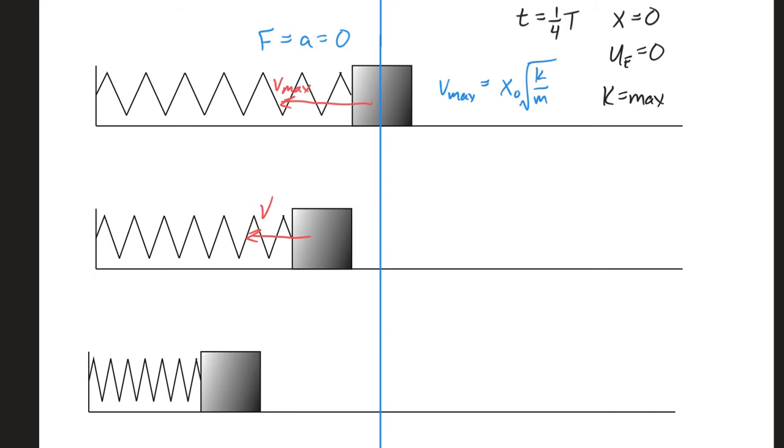So the force has suddenly changed direction. And the reason is because x is now negative. And that's going to make the acceleration and the force change direction. So although it's still moving because it has inertia, the force and acceleration are now acting to stop the object, not speed it up.